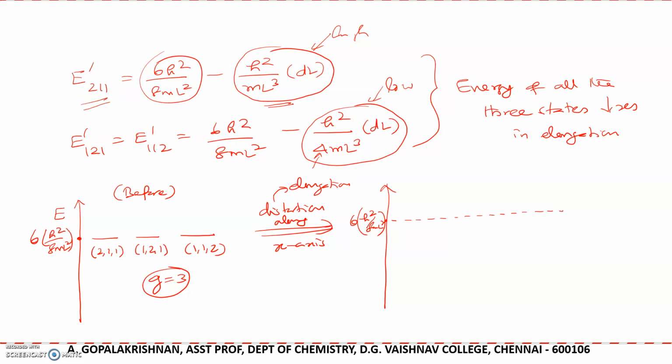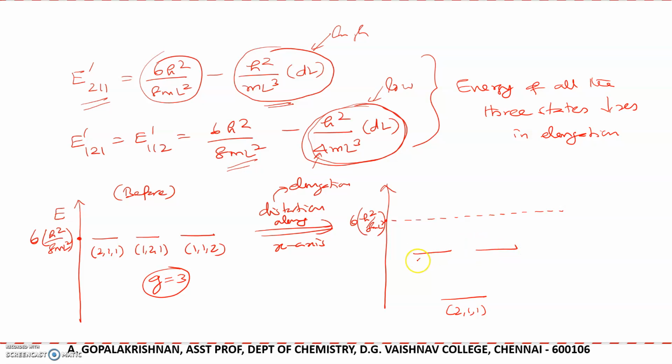So because of distortion, the 211 state will go to a very low energy value. Whereas for the 121 and 112 states, where this value is low, you are subtracting a low value from the same number, 6h square by 8 ml square. So here also the decrease is there, but the decrease is somewhat less.